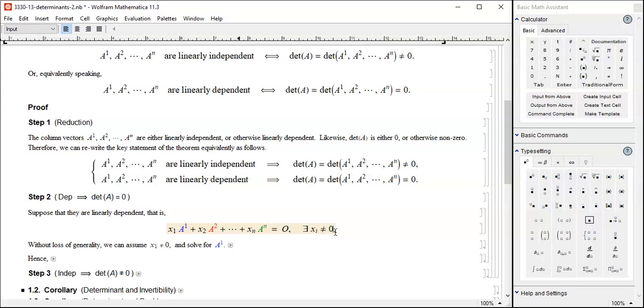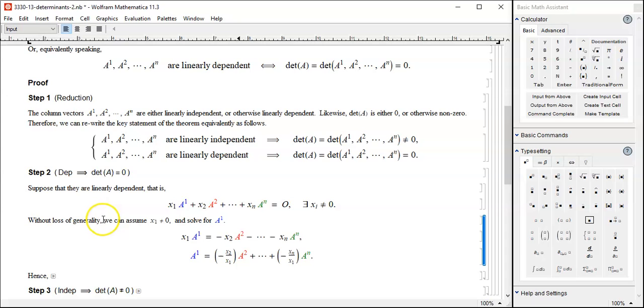If x5 is non-zero, then we call x1 as x5 and vice versa, and a1 is a5 and vice versa, and then simply go from there. Consequently, we can assume x1 is non-zero, and we can solve for a1. This kind of trick, without loss of generality, is very typical, and then we can push everything to either the first or sometimes to the last.